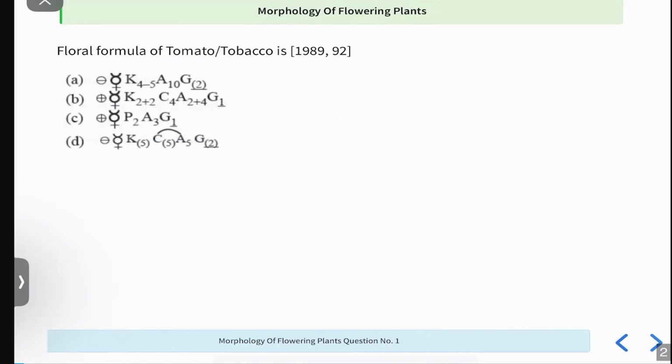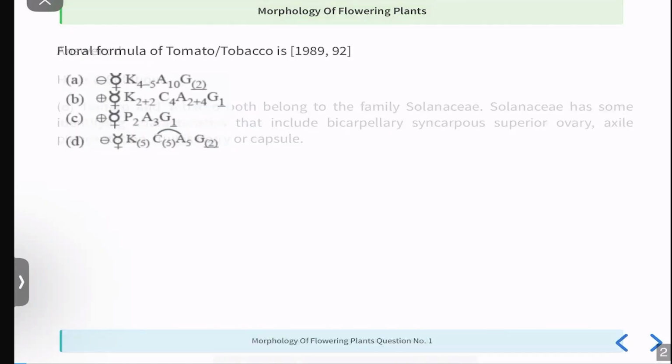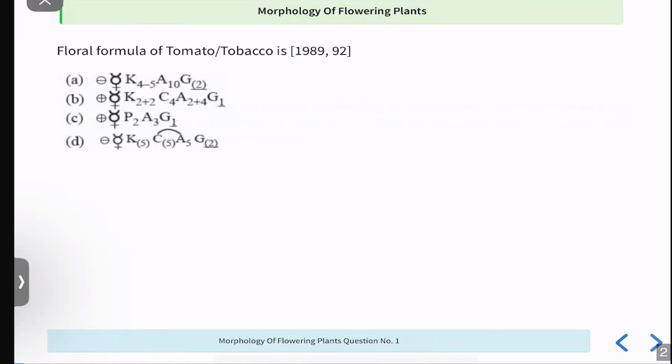So see, bicarpellary, axial, syncarpous, superior ovary. First thing, ovary is syncarpous and superior. So G should be superior and syncarpous. So your B and C options are wrong because G is one and it is not syncarpous, it is free. Out of option A and D, now you have to choose.